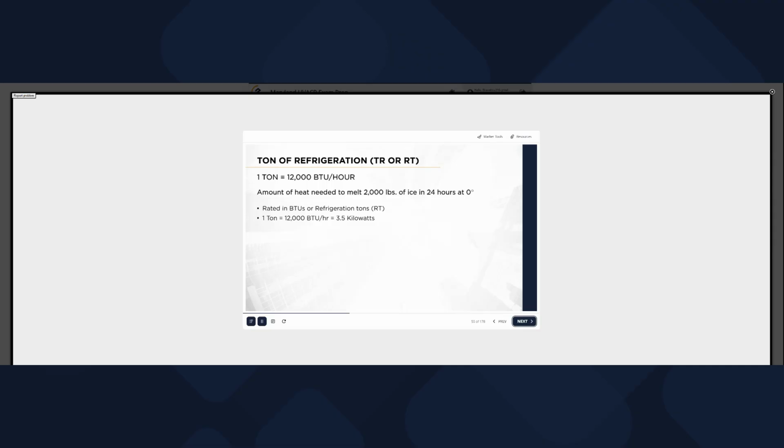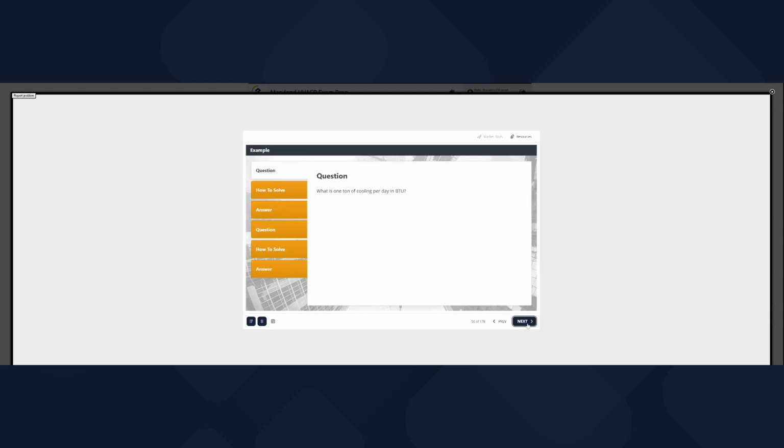Rated in BTUs or refrigeration tons. 1 ton equals 12,000 BTUs per hour, or 3.517 kilowatts. You should memorize 1 ton of refrigeration equals 12,000 BTU per hour. Let's work through more examples. Click the next button or on each tab to see how to solve the correct answer.